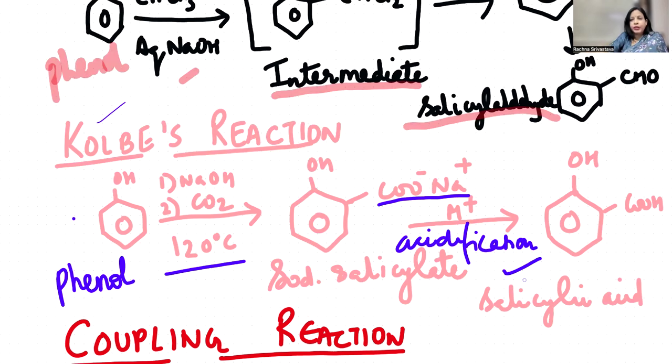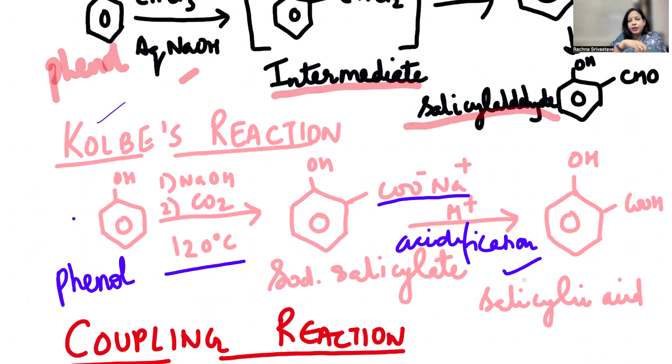So again, I'm repeating the question. The question says convert benzene into salicylic acid. So first we will convert benzene into phenol, and then phenol getting converted to salicylic acid, we will be using Kolbe's reaction. The other way round of the question which can be asked in the exam is: write the complete balanced equation for the following statement and name the reaction.